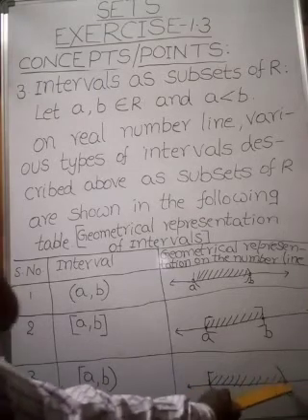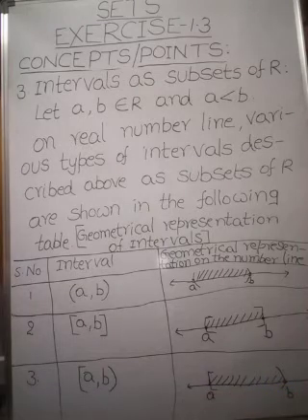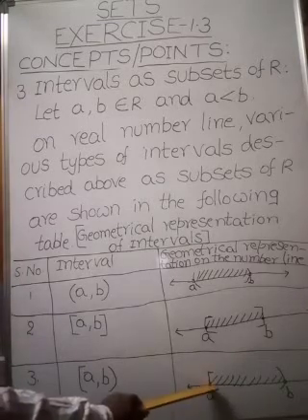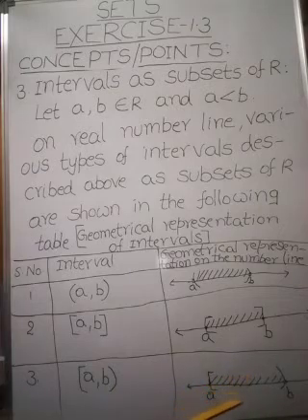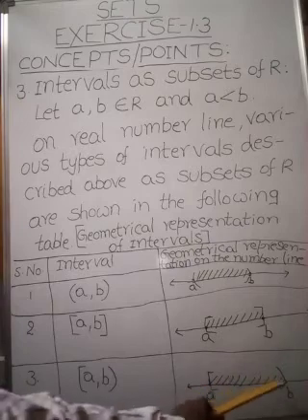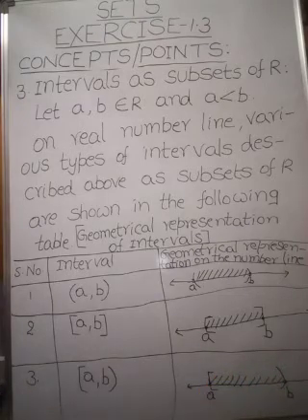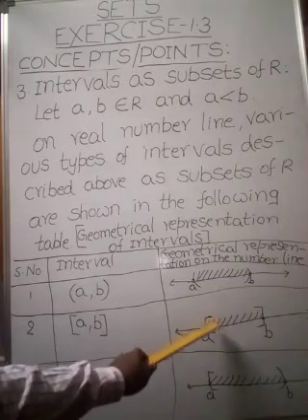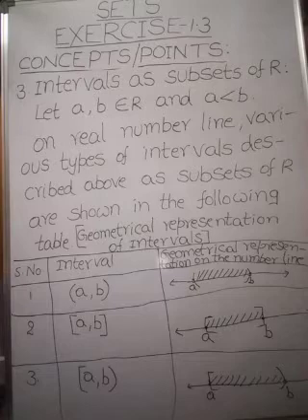At b, I kept a small hole, which means that number is not included in that interval. b is not an element, but a is an element in that interval, and so are the real numbers between a and b. Okay, my dear children, understood these geometrical representations of intervals?